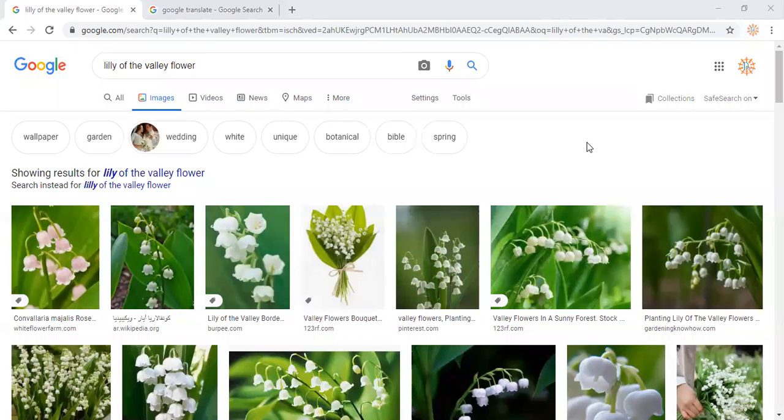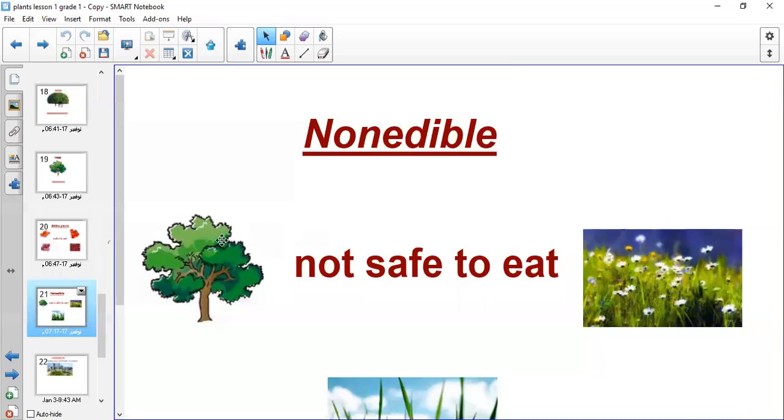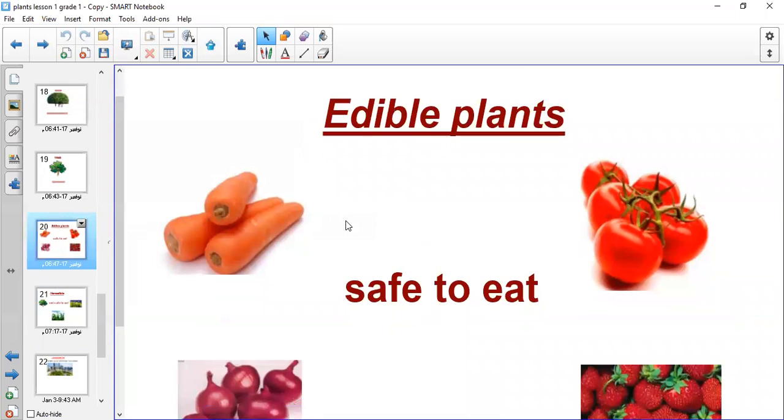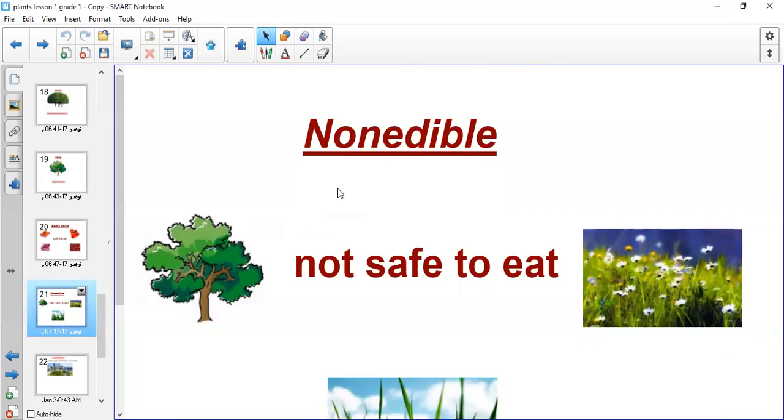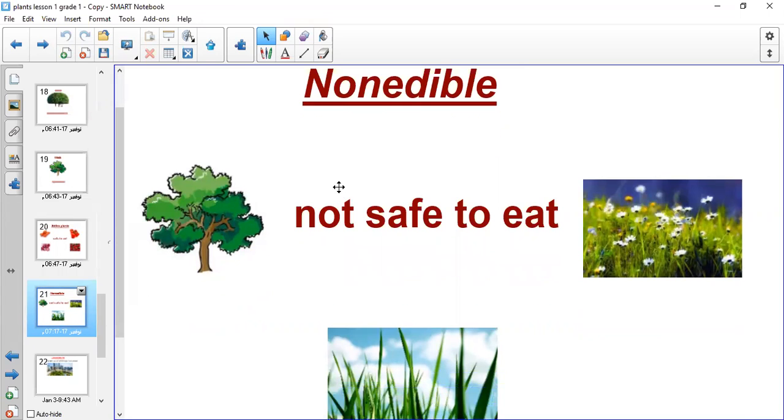So we said there are plants that are edible because they are safe to eat, like carrots, cucumbers, onions, tomatoes, strawberries, and also we have non-edible plants. Why are they called non-edible? Because they are not safe to eat.